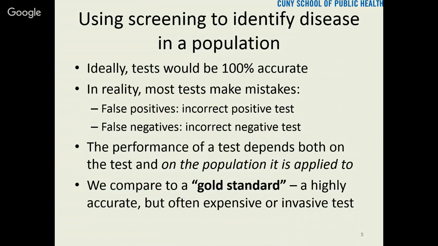There are many different ways to define the performance of a test, but in general, it depends on how well it can discriminate between the people with disease and without disease. We'll talk about that a little more. But it depends on all of these things: properties of the test, where we set the threshold, and the population that it is applied to.